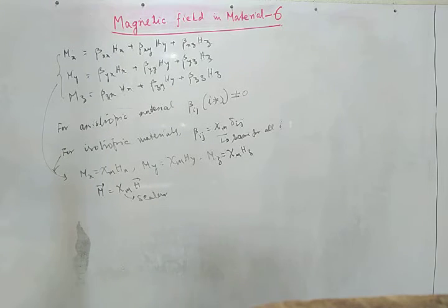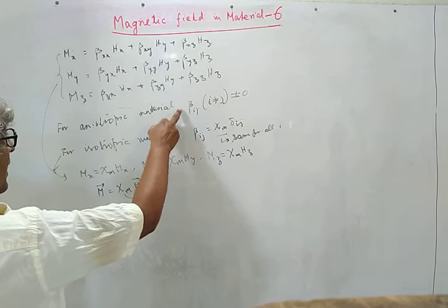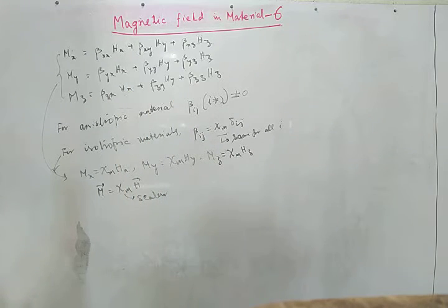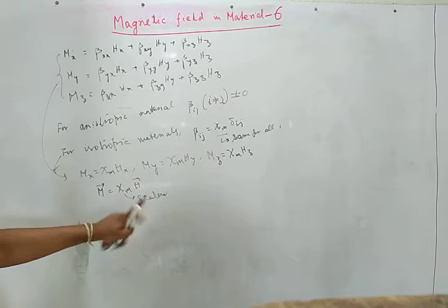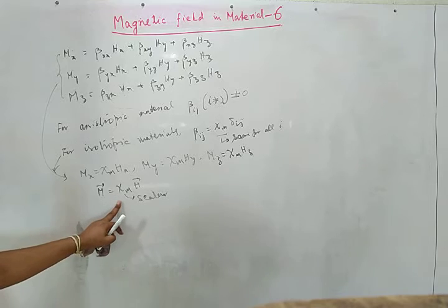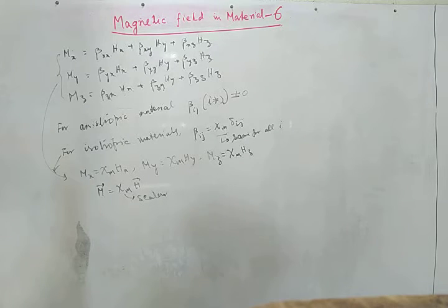Note that in general chi is a scalar, beta is a tensor having 9 components. As you will learn afterwards, it is a tensor of rank 2. But for isotropic material, it reduces to a scalar relation like this, and we call it the magnetic susceptibility.